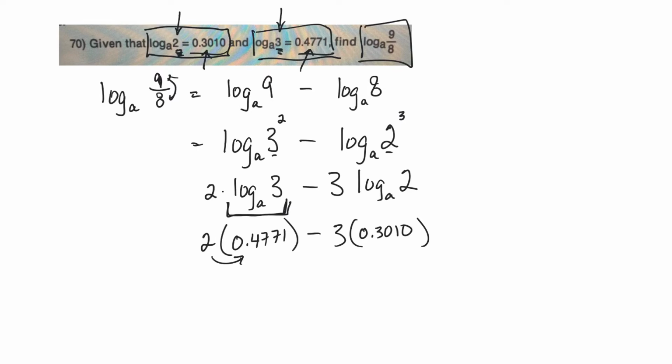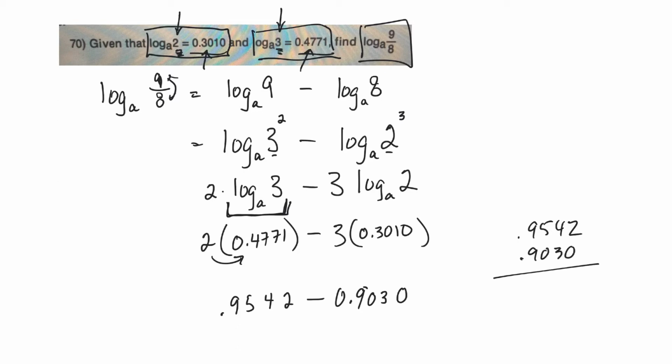Now all I have to do is multiply this through, so that's 0.9542 minus, multiply this one, what would that be? 0.9030. I think that's right. Yep. And then subtract them. 0.9542 minus 0.9030, 0.0512. So that would be my answer right there.